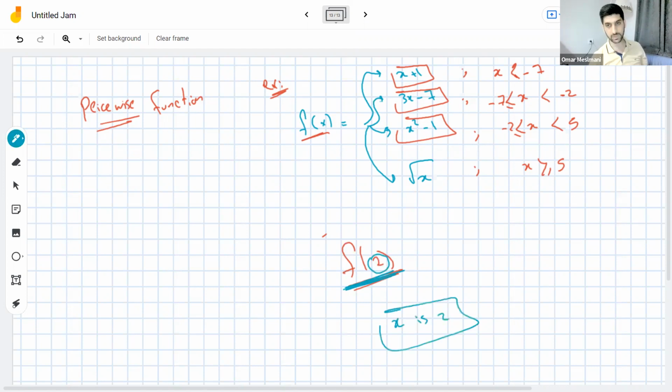So does 2 belong to the first, second, third, or fourth? Is 2 less than -7? No. Is 2 between -7 and -2? No. Is 2 between -2 and 5? Yes. So I will use x squared minus 1, and instead of x it's 2 squared minus 1. The final answer is 4 minus 1, which is 3.